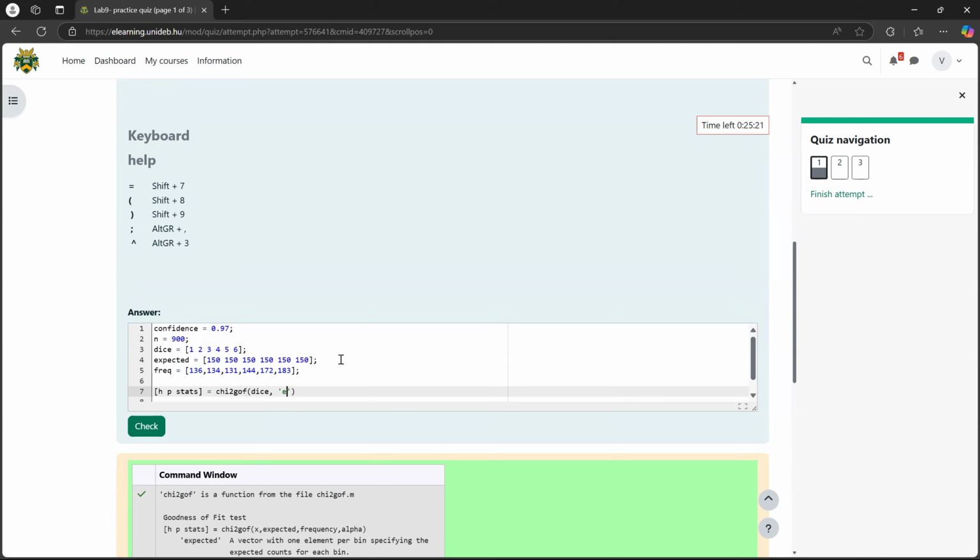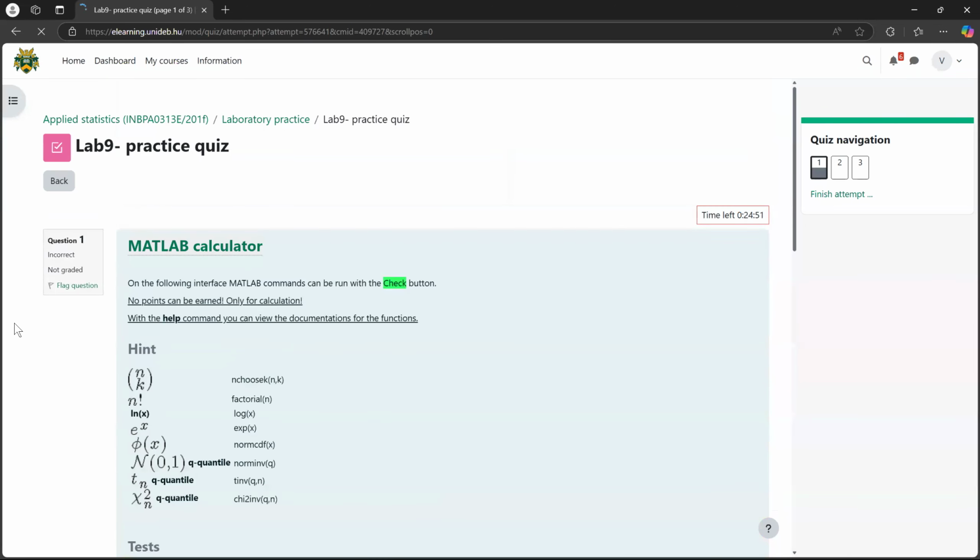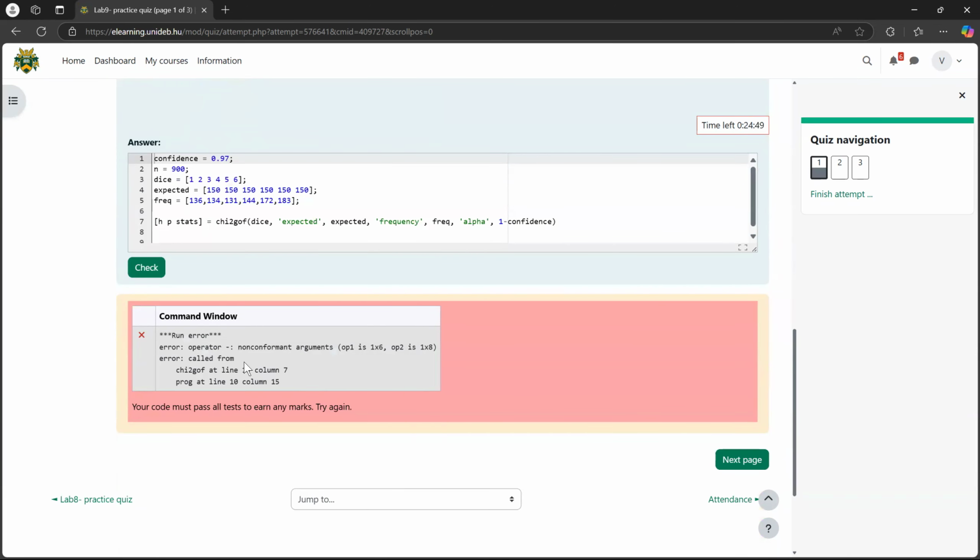We would give the expected value like this, expected, and the frequency like this, frequency. So we would do it like this. But in this case, it's going to be wrong.